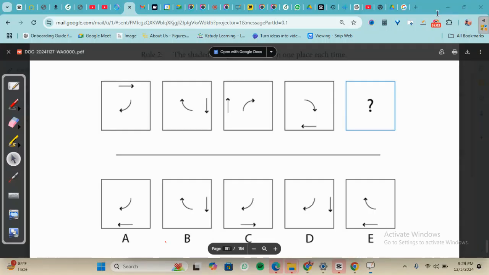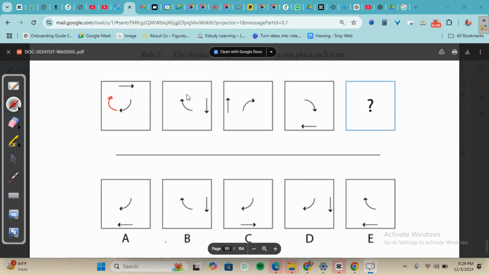I think that will not work. Let me try that again. I have this shape here, this arrow facing this direction, then it faces down. Then for this one, I have it up here. So I think it's not correlating.